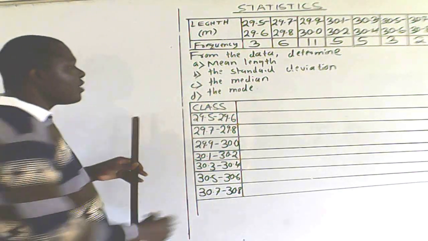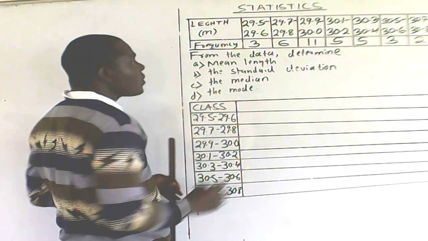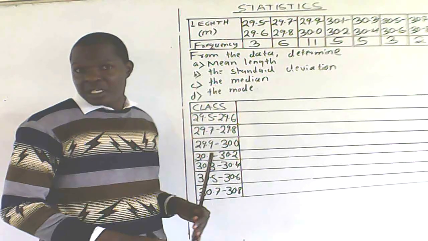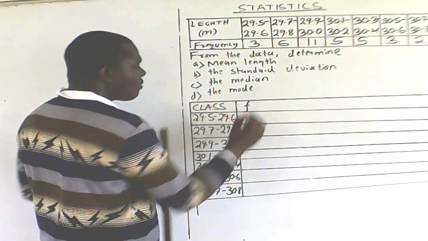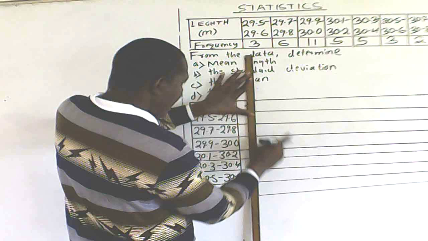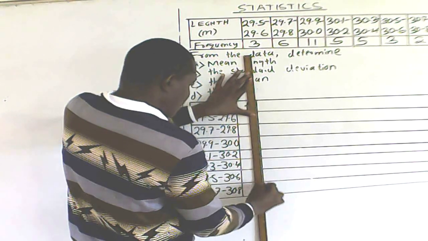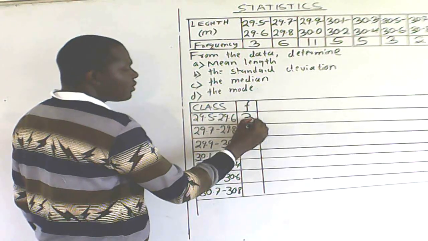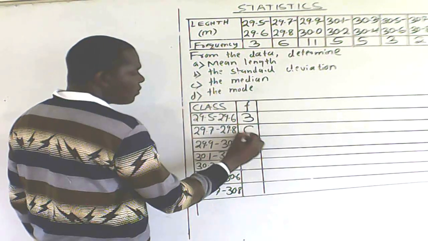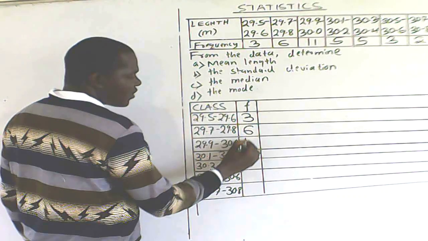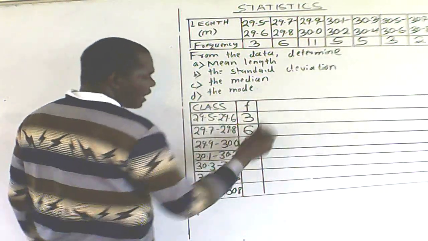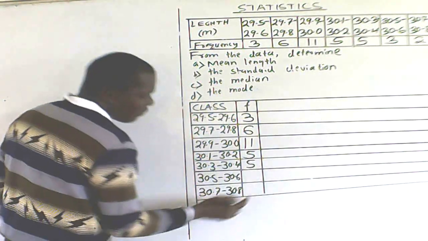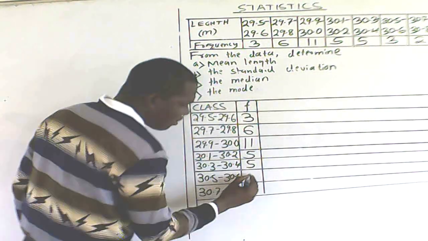The next thing, we need the frequencies. We've been given the frequencies, the number of metallic conduits in each class, so we have our column of frequencies denoted by f. In the first class, a frequency of 3. Then the next class, a frequency of 6. The next, 11. The next, 5. The next, 5. In this class, 3.